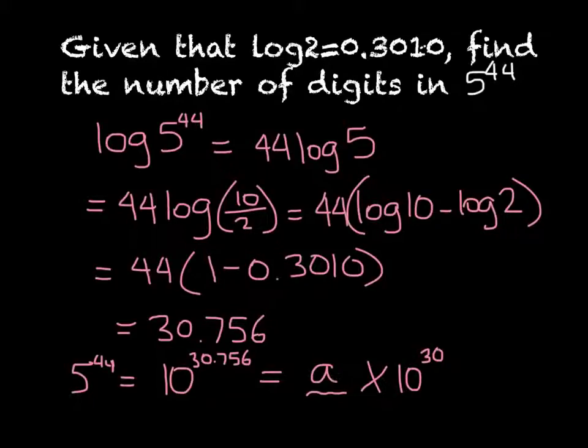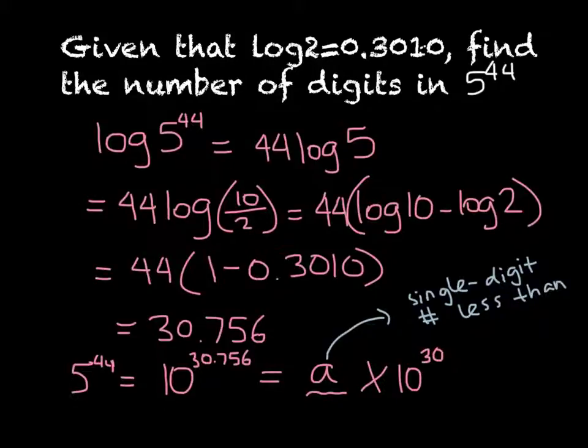We'll call this number A. And we know that this number A is a single-digit number, less than 10. Because if A were greater than 10, then we would end up with an exponent value here that was greater than 31.